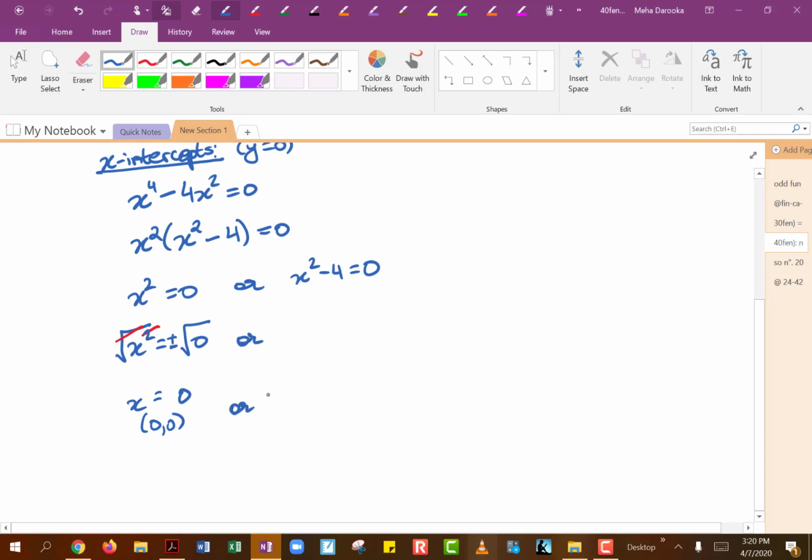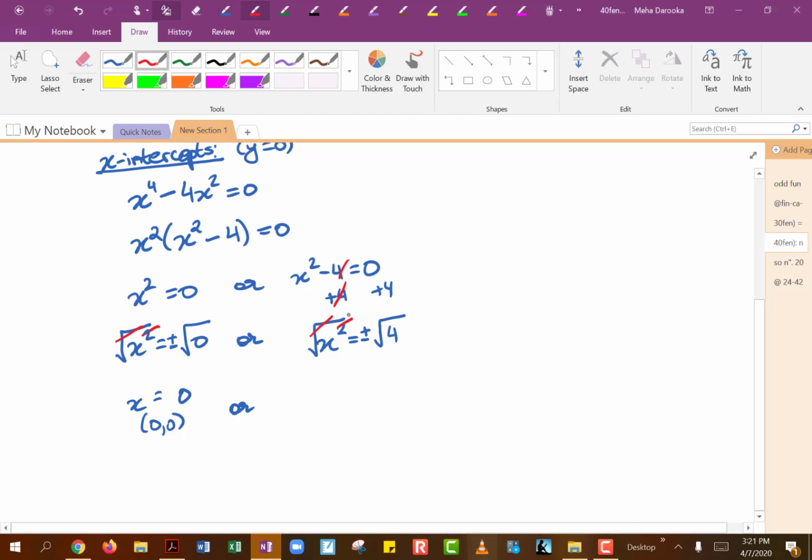Now let's solve our second factor. So start by moving that 4 to the other side. And then we end up getting x squared equals 4. Same thing, to get rid of the square, take a square root on both sides, which gives us a positive and a negative root.